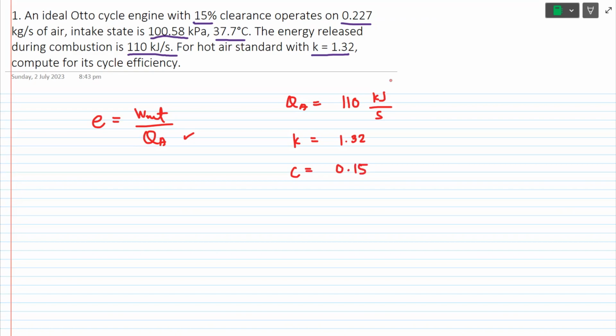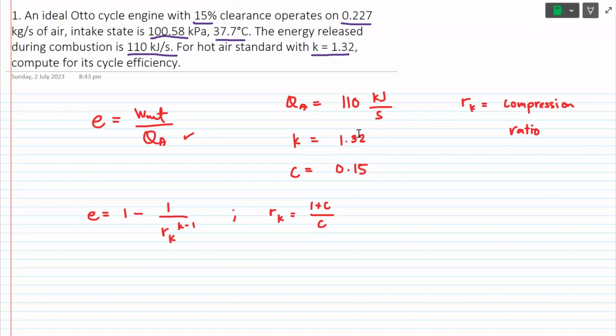Let us recall that e can also be 1 minus 1 over rk raised to k minus 1, where rk is your compression ratio. Remember, rk would be determined using your clearance with this formula: 1 plus c over c. So, I can actually replace rk here with the one that uses clearance.